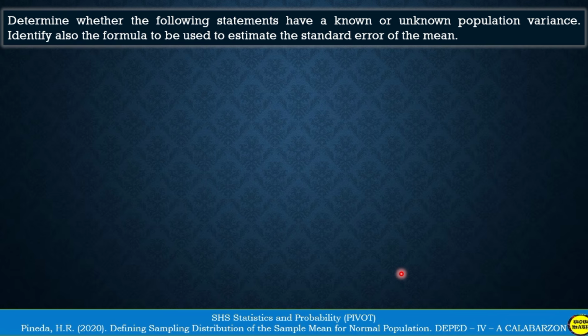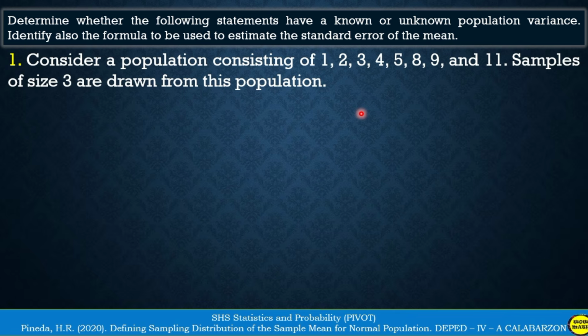After that, when the population variance is given, we identify the formula to estimate the standard error of the mean. For example, consider a population consisting of 1, 2, 3, 4, 5, 8, 9, and 11. Samples of size 3 are drawn from this population.